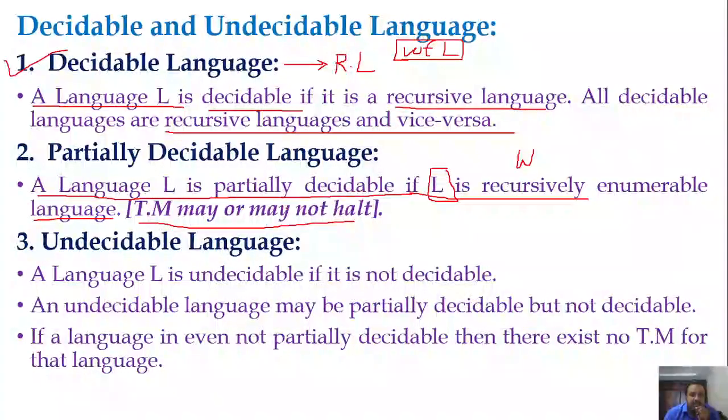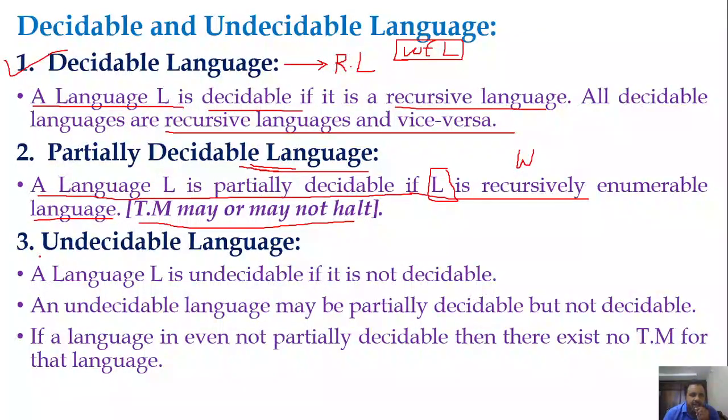Due to this property, we say that the language is partially decidable. There is no determinism where we could say that for this particular string, the Turing machine halts, accepts or rejects.